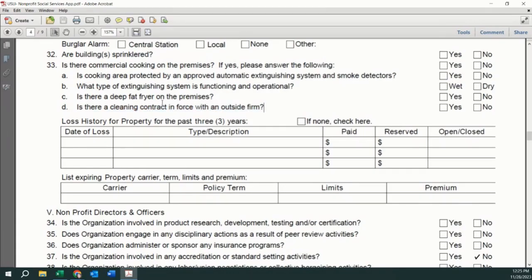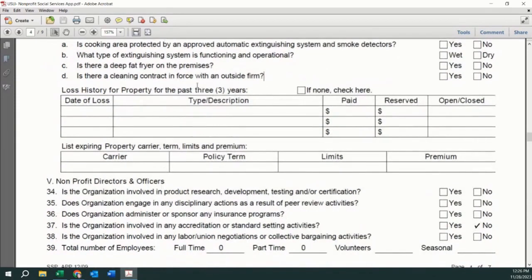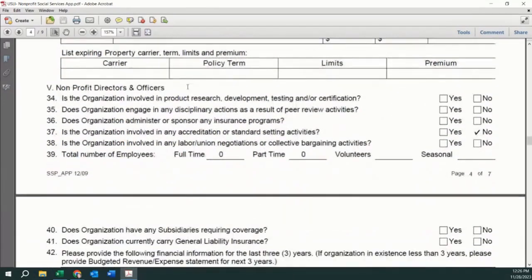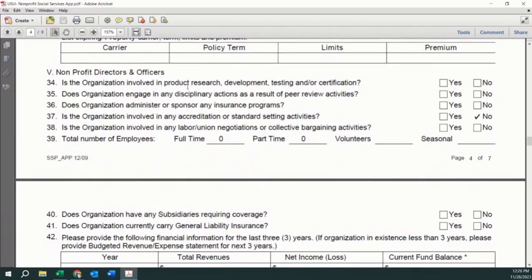So remember, number 33, in my opinion, is touching on the fact that if you would have said that you're operating a kitchen, like a food kitchen, then it's probably asking more information about that. So try and keep some perspective when you go through this application. What are they really asking you? And is it applicable to your operation? Call your broker and talk with them, or call your attorney and talk with them.